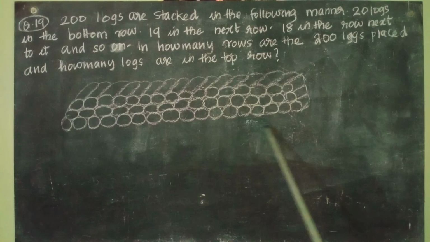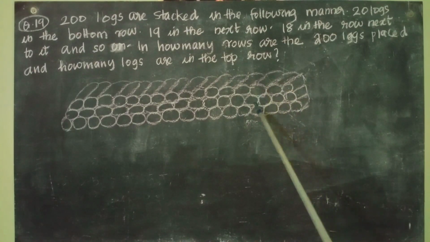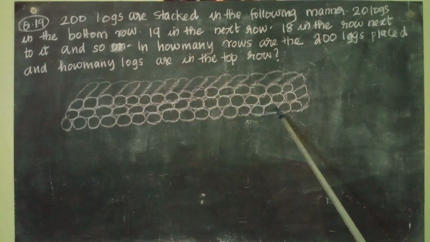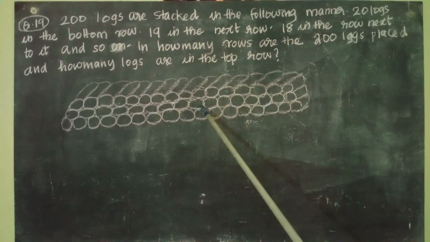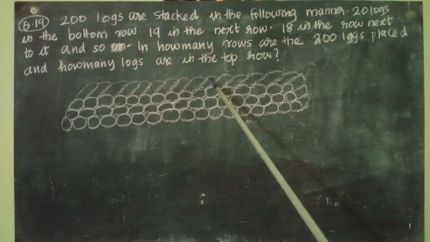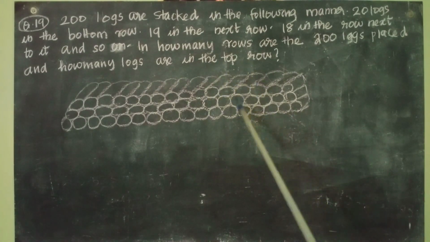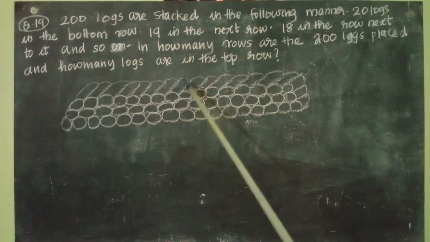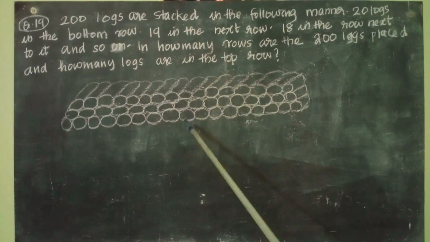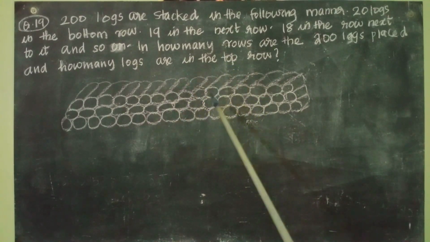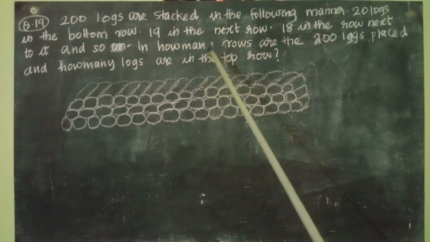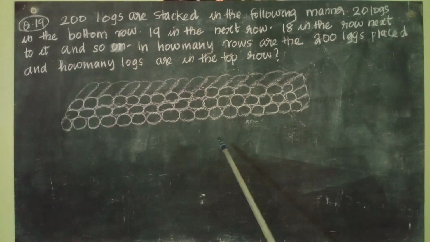So 200 logs are placed in such a manner that there are 20 logs in the first row, then 19, then 18, then 17, and so on. So total how many rows are there and how many logs are there in the top row? These two are the questions.